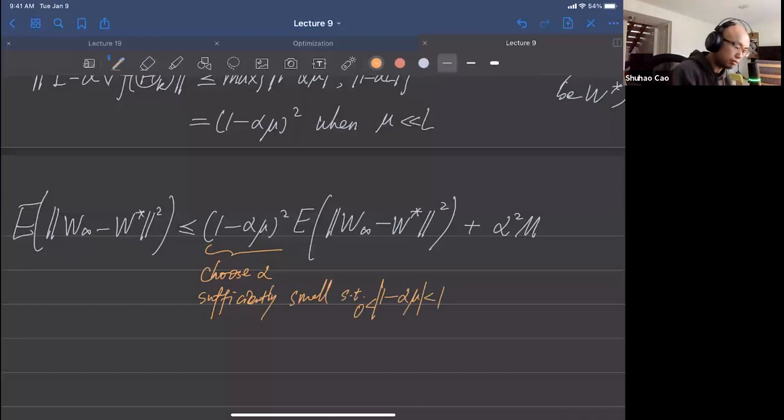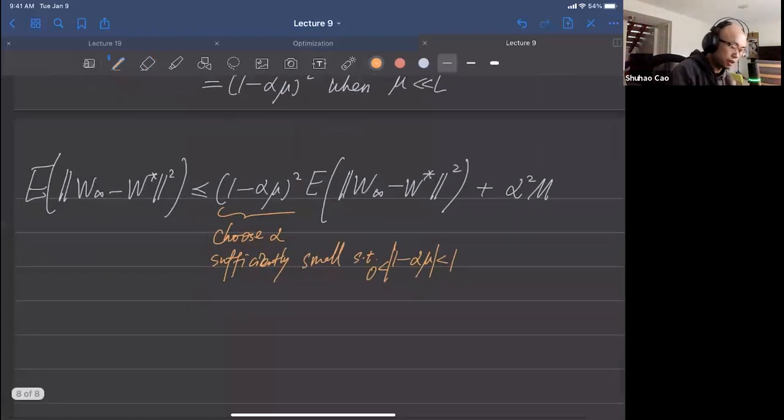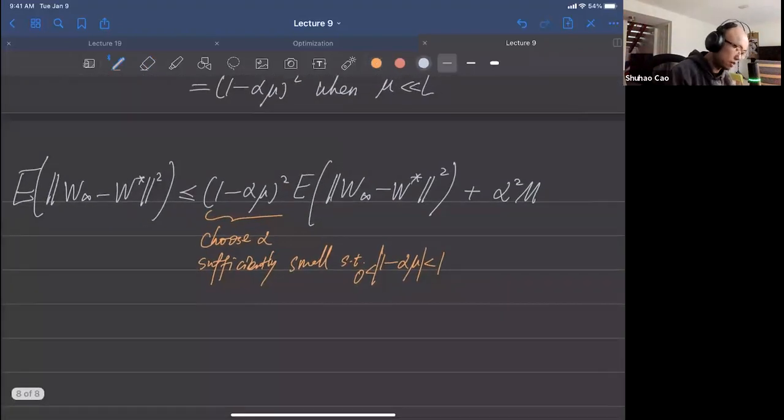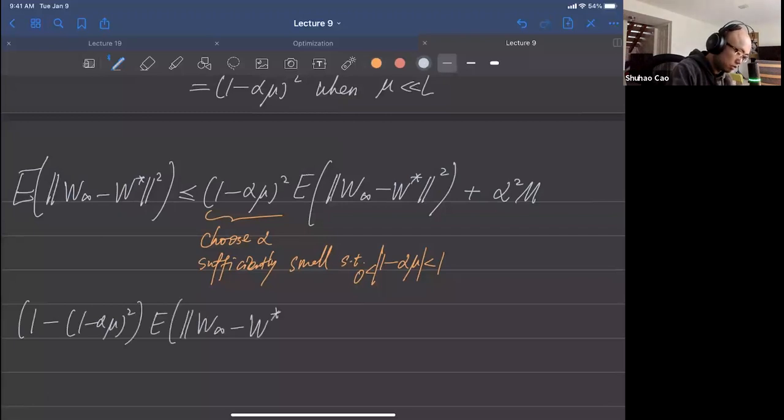And then if we solve for it, we're going to get 1 minus alpha mu square root of this is less than or equal to alpha square m. And now, this is where the SGD limit is.